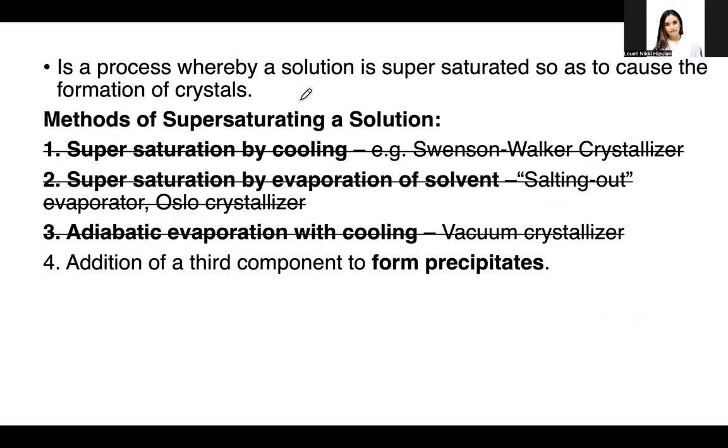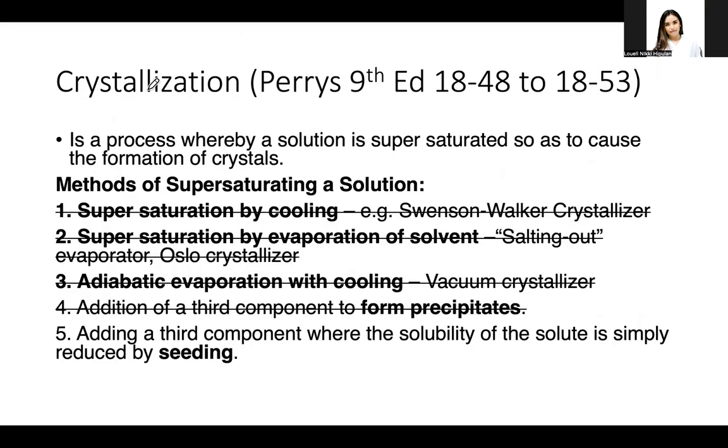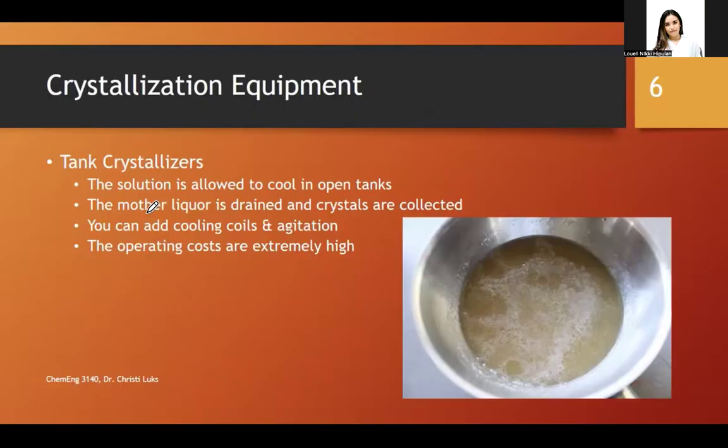So you add another salt, or you can also add another amount of the same crystals. So adding a third component where the solubility of your solute is simply reduced, you call it seeding.